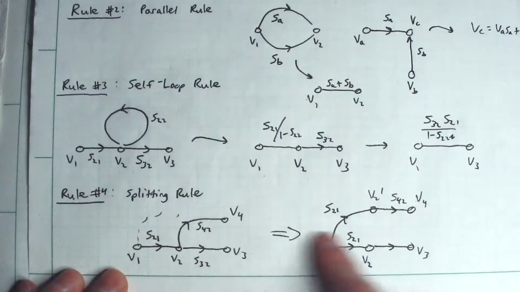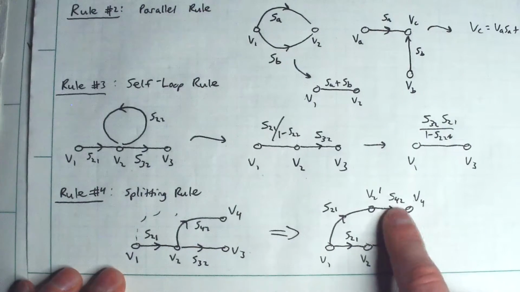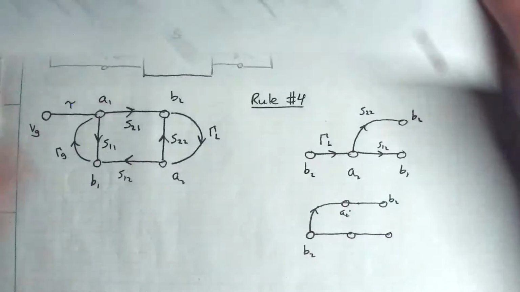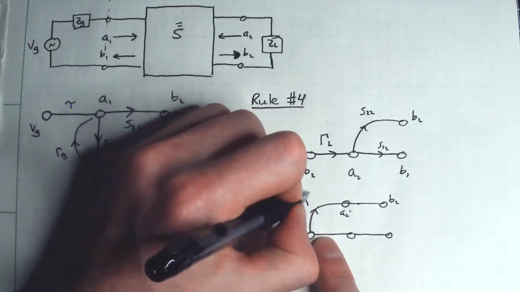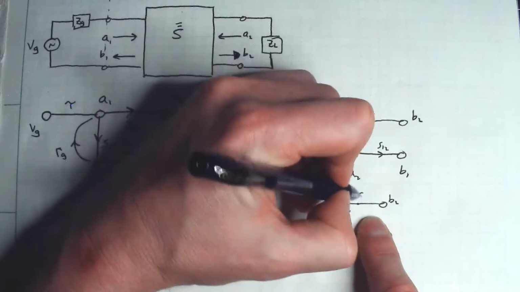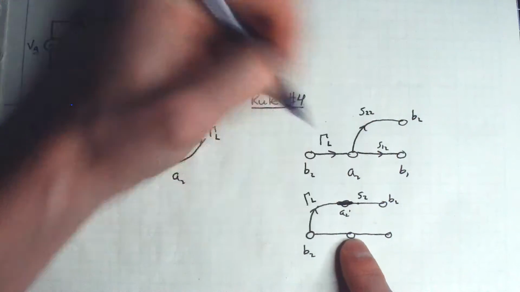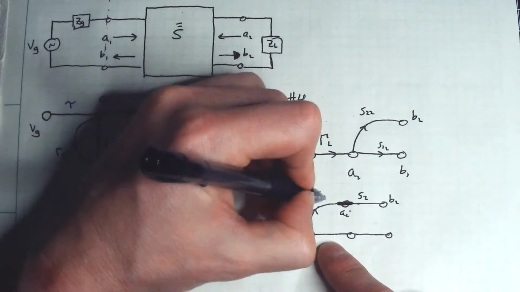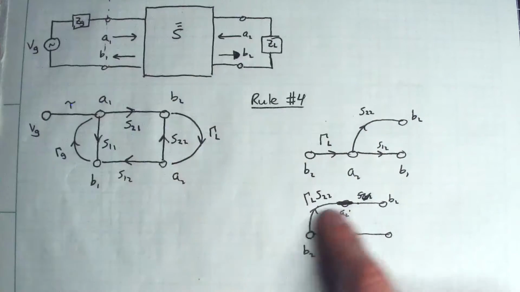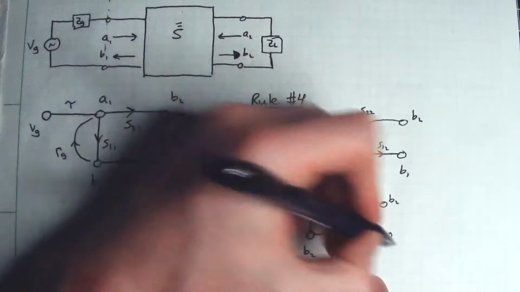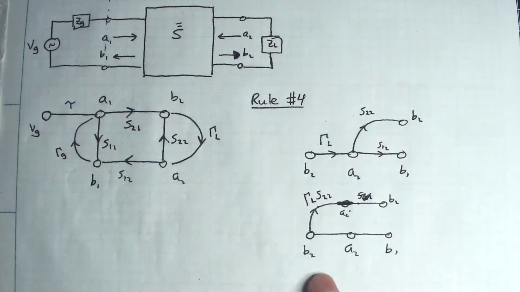So this little guy splits over to here. And I apologize, I forgot to actually label this branch here. So I've rewritten it here for you. So what this now is gamma sub L, and then over here is S22, which using the series rule, you can just lump them together as gamma sub L times S22, like that. And this is now A2, and this is B1 again.